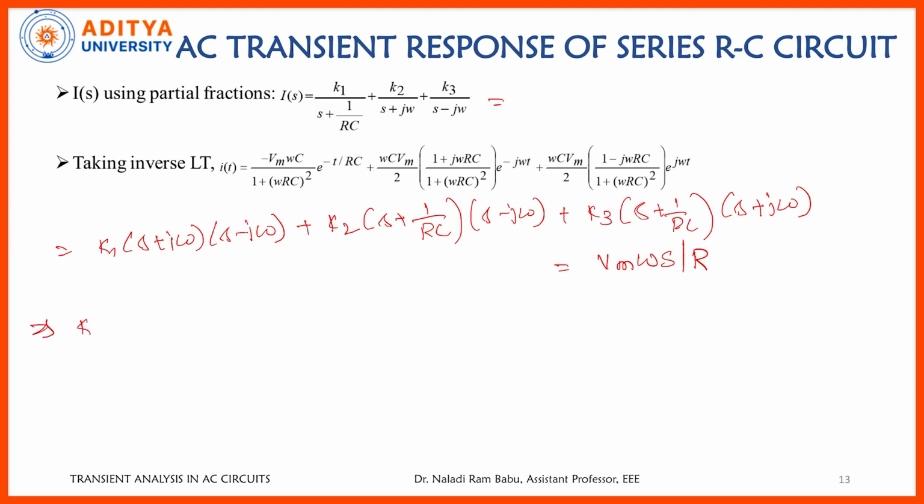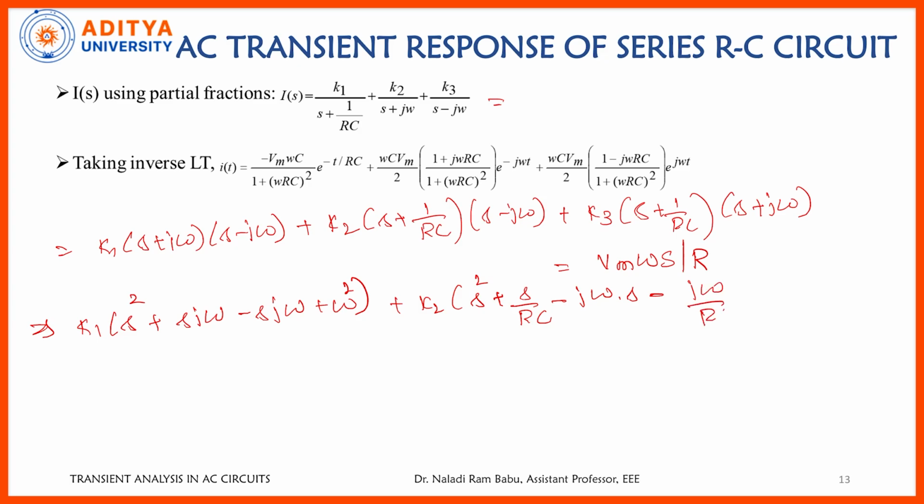Therefore, K1 into (s square plus s j omega minus s j omega plus omega square), plus K2 into (s square plus s by RC minus j omega s minus j omega by RC), plus K3 into (s square plus s by RC plus s j omega plus j omega by RC), which is equal to Vm into omega s divided by R.